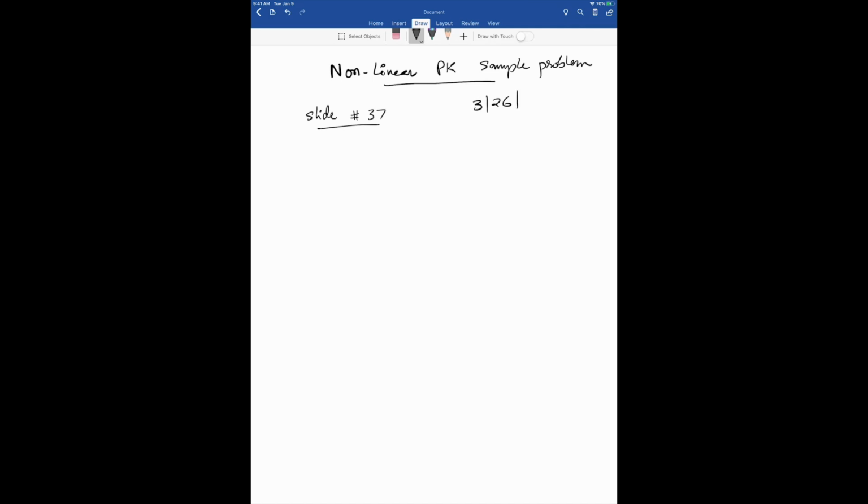Today is March 26. In that problem, you see that there are two doses and two steady state levels. Dose in milligrams per day, and steady state levels in milligrams per liter.